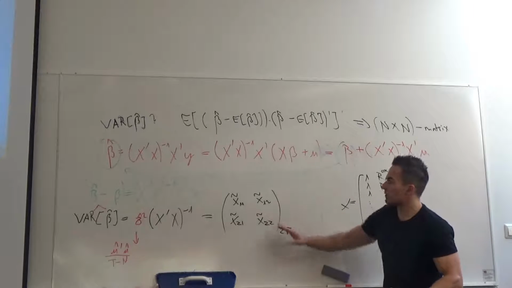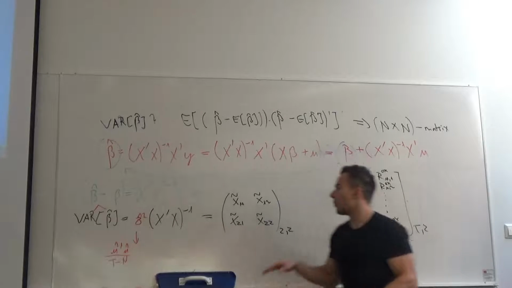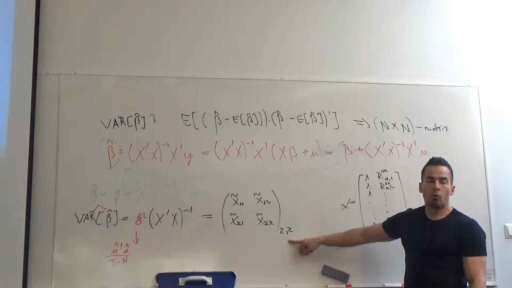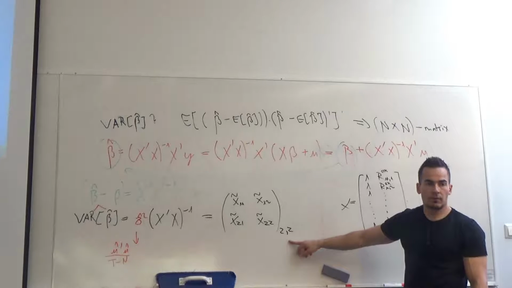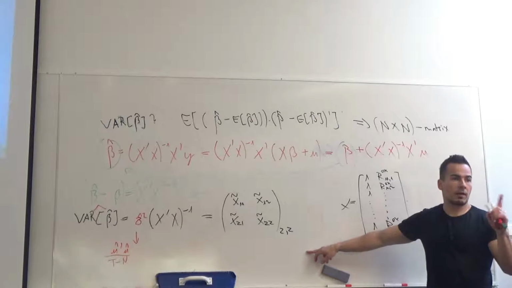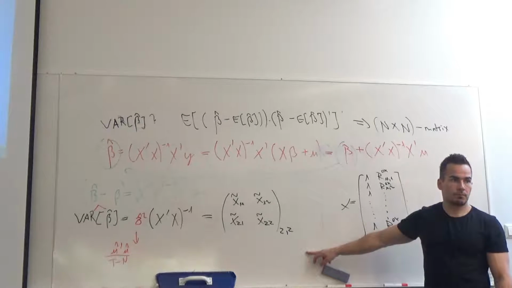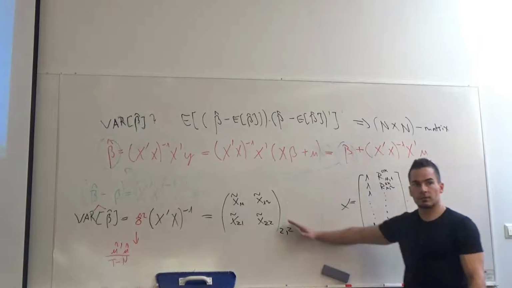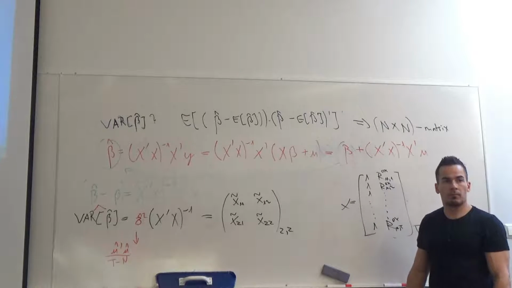So our covariance matrix of the point estimator would be 4 by 4. And the third element on the main diagonal would be the variance of the size factor. And the last element on the main diagonal would be the variance of the value factor. Same logic. On the main diagonal are the important things that we need to grab.